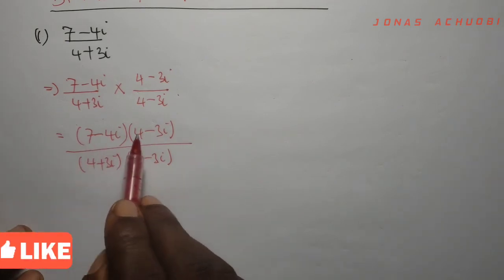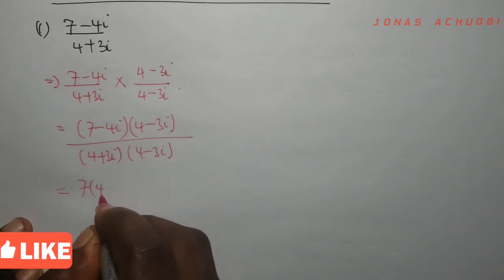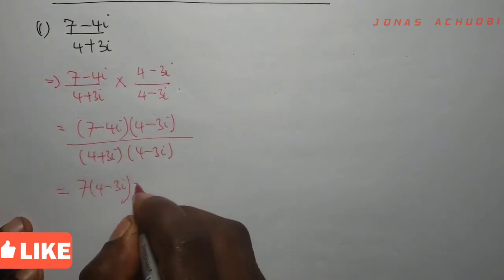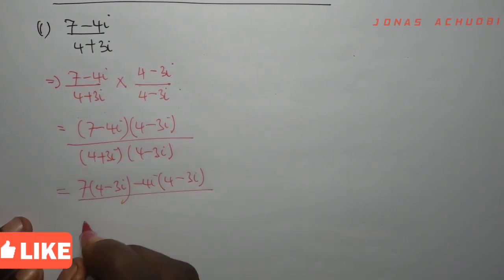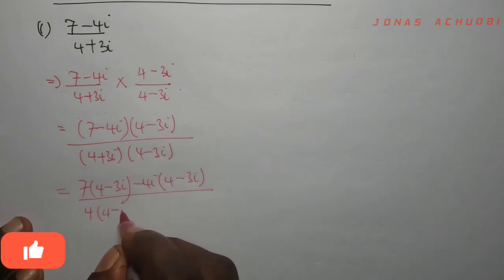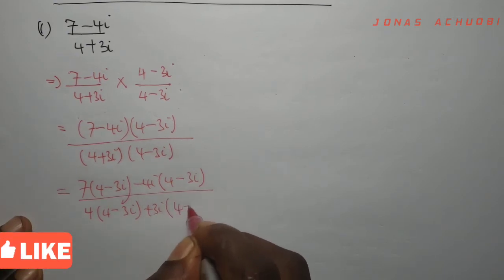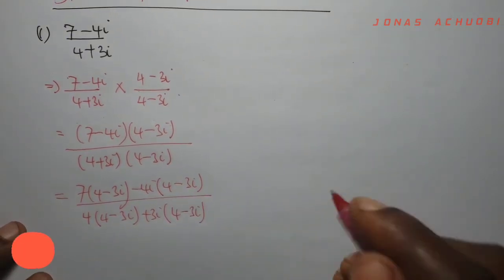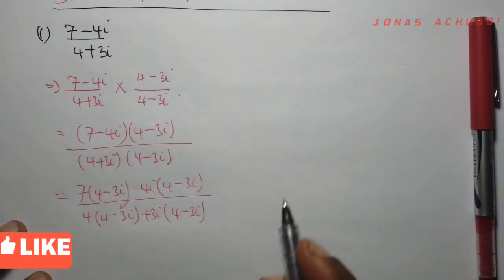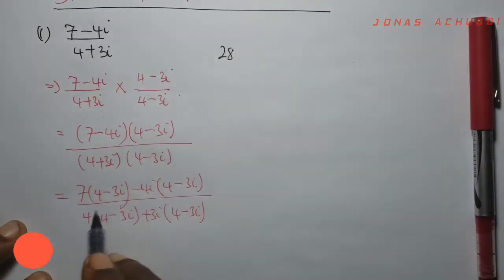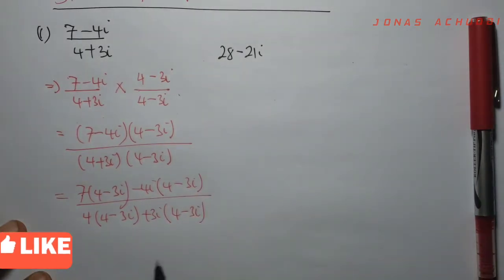Let's just do it properly. 7 into 4 minus 3i, then minus 4i into 4 minus 3i, divided by 4 into 4 minus 3i, then plus 3i into 4 minus 3i. So 7 times 4 is 28. 7 times minus 3i is minus 21i.